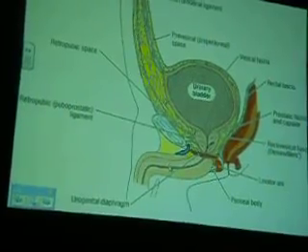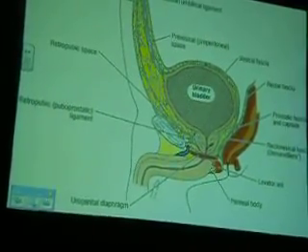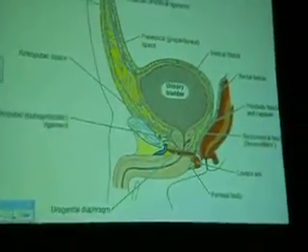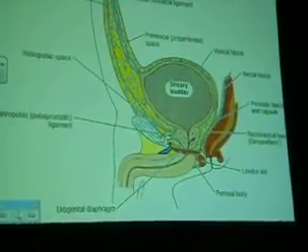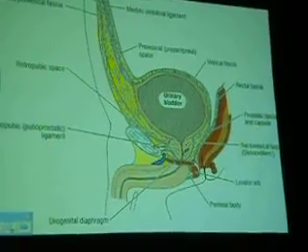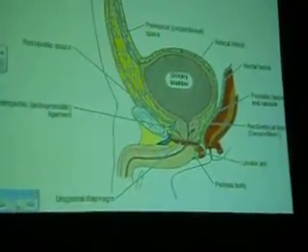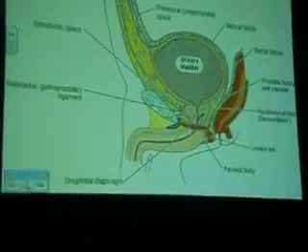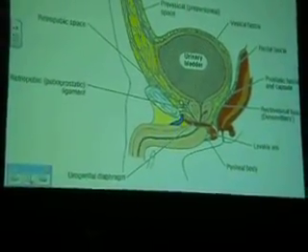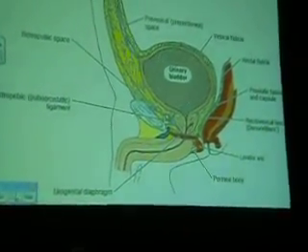Okay? Now, anteriorly, the bladder is related to the back of the pubic bone. And there is a space which is filled with fat here, called the retropubic space. Remember the retropubic space?